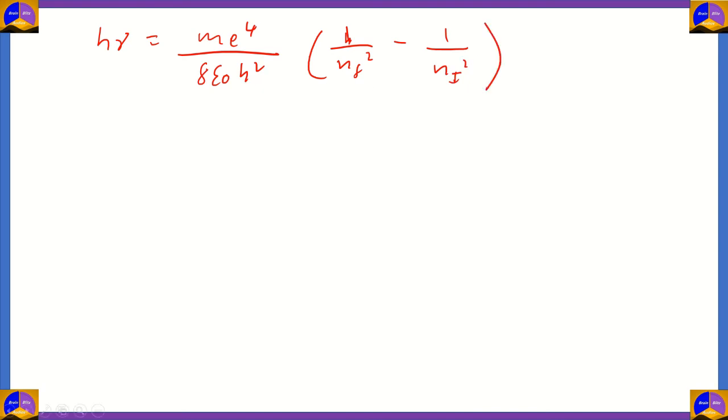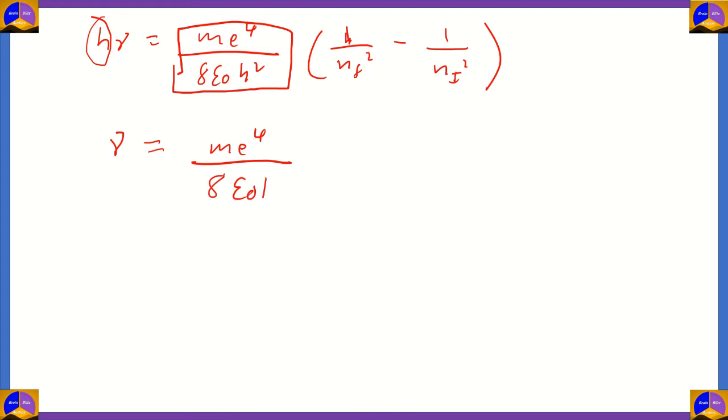Now the constant here, which is m e raised to 4 by 8 epsilon naught h square, is not complete because you also have a constant on the left hand side, which is h. So nu, which is frequency, can be written as m e raised to 4 divided by 8 epsilon naught h cube, and then you have 1 by nf square minus 1 by ni square in the bracket.